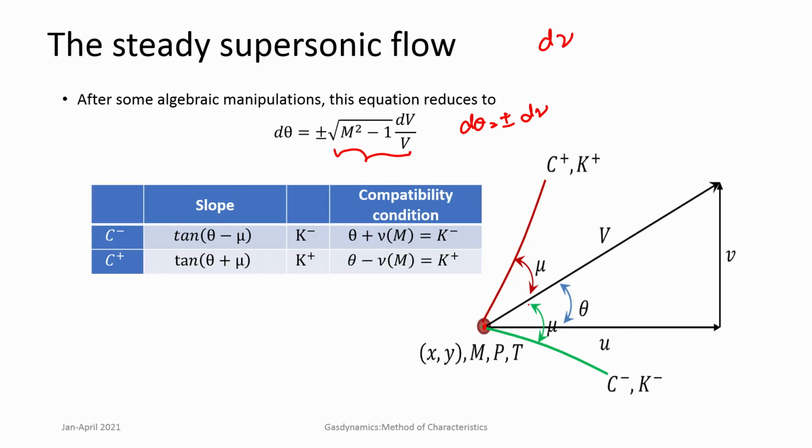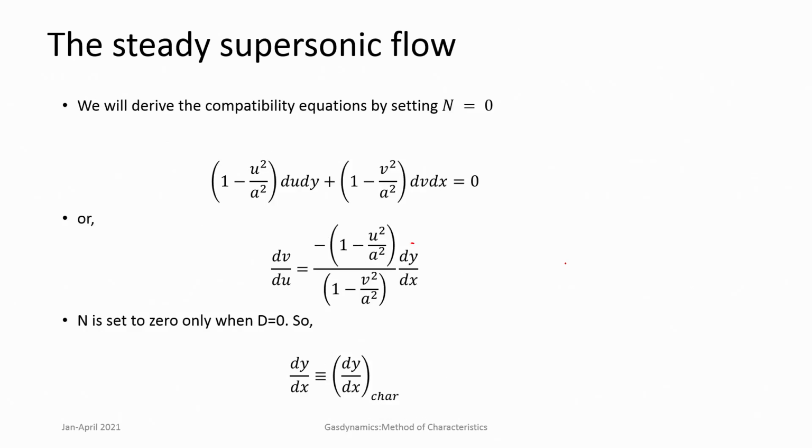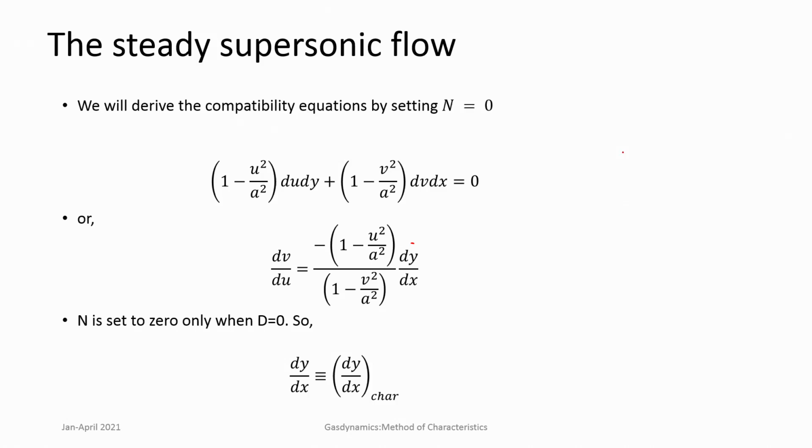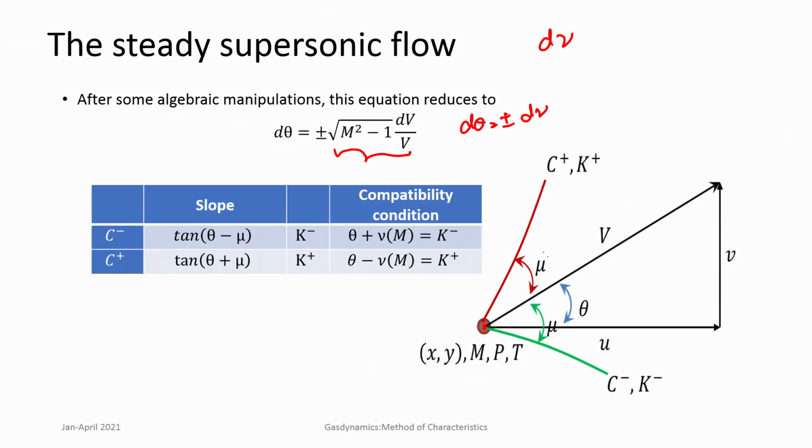Both of them go at angles nu. Let me just revisit that: nu has to be with respect to the velocity vector. So, you get theta plus nu here with respect to the horizontal, and with respect to horizontal this angle is theta minus nu.